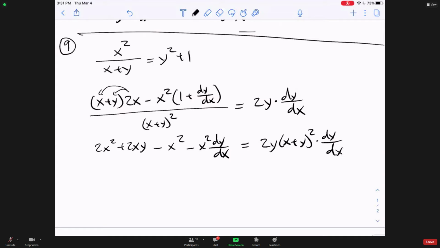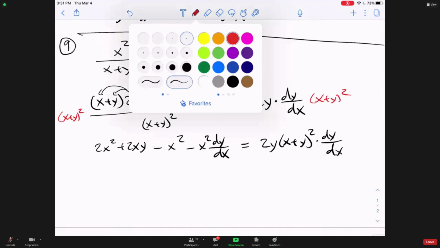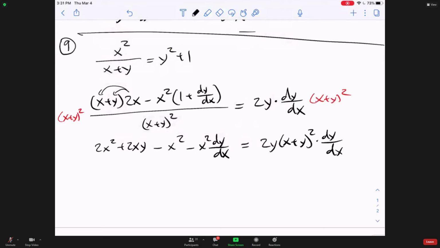I went ahead and multiplied both sides by (x plus y) squared. All right, so then I'm gonna move the dy over dx's to one side. So I'm basically gonna move this guy to the other side.